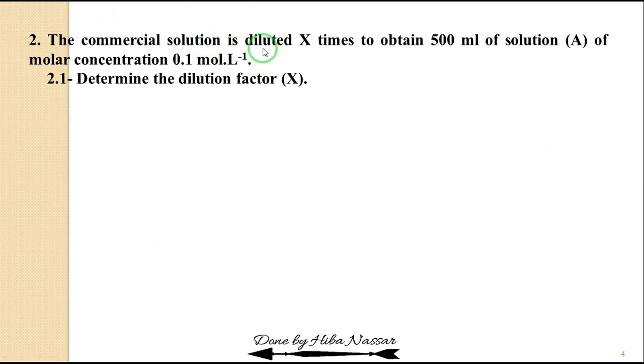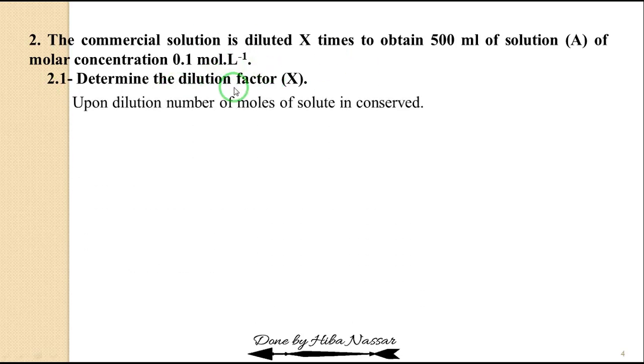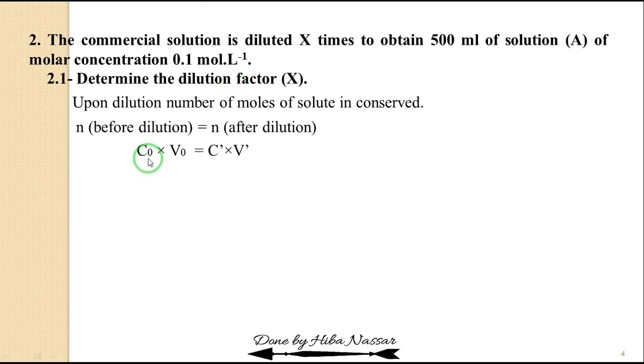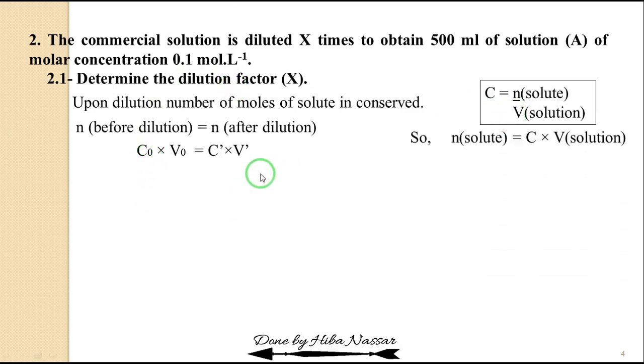Question number 2. The commercial solution is diluted X times to obtain 500 ml of solution A of molar concentration 0.1 mole per liter. So here you have the molar concentration for the diluted solution, 0.1. Determine the dilution factor X. Here, upon dilution, the number of moles of solute is conserved, so we can say that the number of moles before dilution is equal to the number of moles after dilution. Since number of moles is equal to concentration times the volume of the solution, we can write that C0 times V0, coming from the initial solution, equals C prime times V prime for the diluted solution.